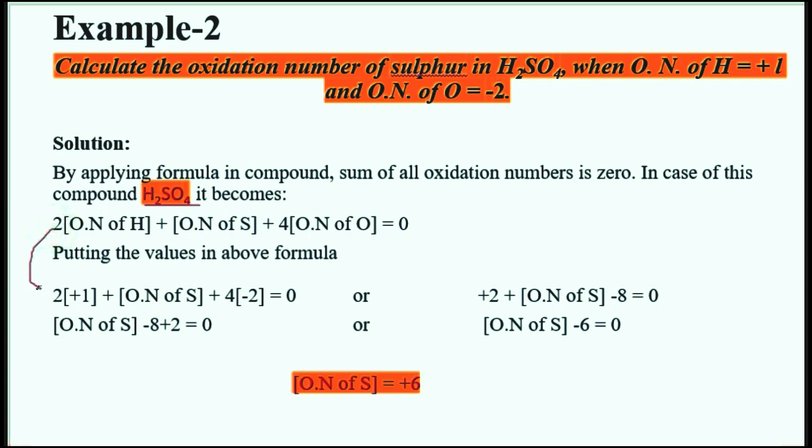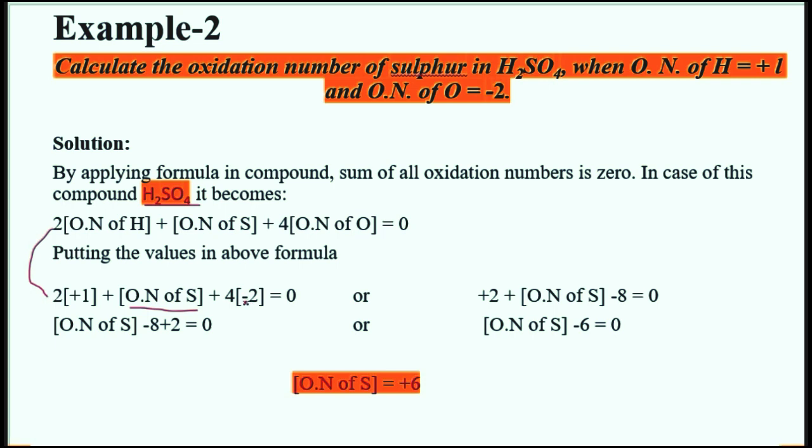We write 2, as mentioned in the above equation. The oxidation number of sulfur is what we are going to find. The 4 is the number of atoms of oxygen, so we write 4 similarly, and the oxidation number of oxygen is -2.